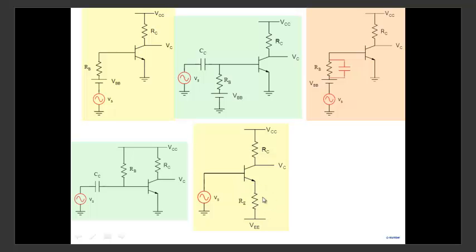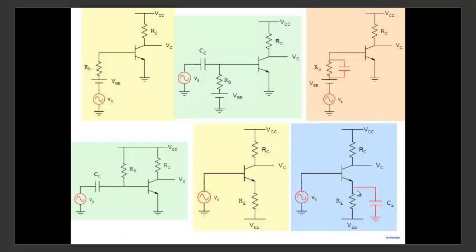Now, how do we get rid of that? Well, maybe we could attach a capacitor here at this particular node. Now, as far as DC is concerned, remove the capacitor, put it to short. You'll find that it is biased properly, no issues.